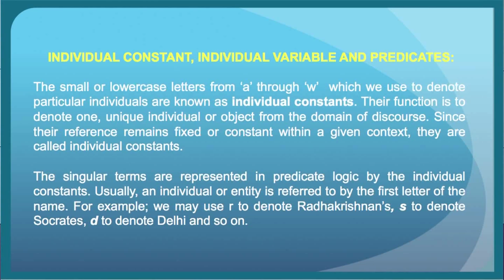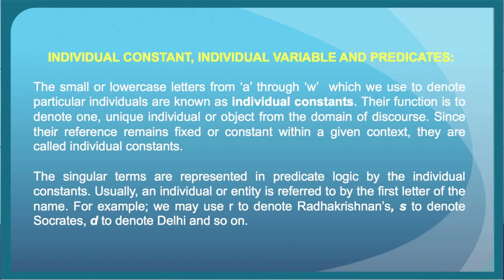Now we'll learn what individual constants, individual variables and predicates are. Lowercase letters of the English alphabet, like a to w, which are used to denote particular individuals, are known as individual constants. Their function is to denote a unique individual or object from the domain of discourse. Their reference remains fixed within a given context, so they are called individual constants.